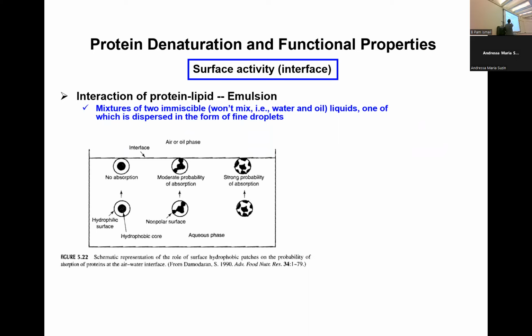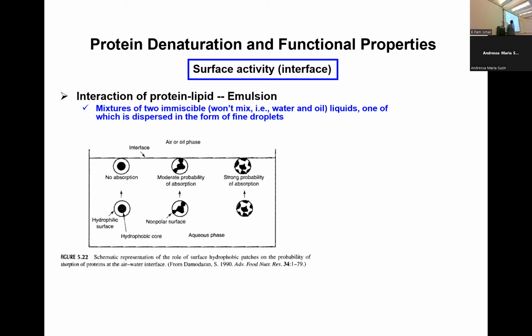If you have a protein that is hydrophilic on the surface and hydrophobic in the core, it's not going to adhere or absorb to the interface. If you have a hydrophobicity that is low compared to surface hydrophilicity, you will have some adsorption at the interface, but not so much.